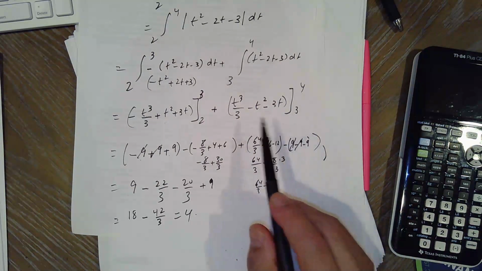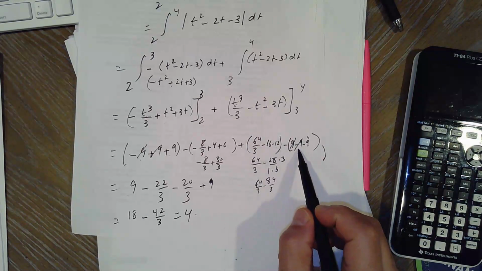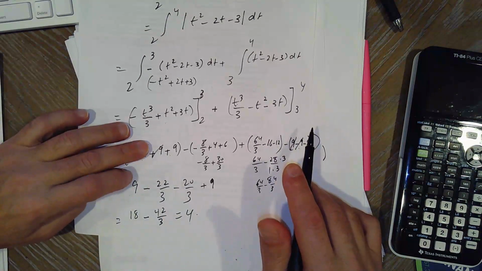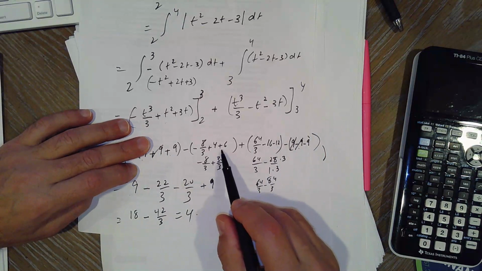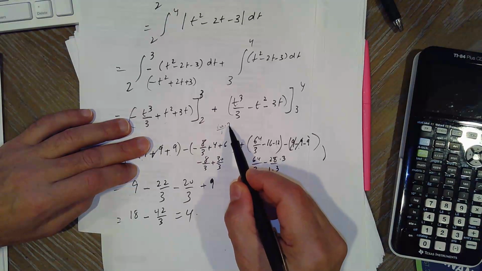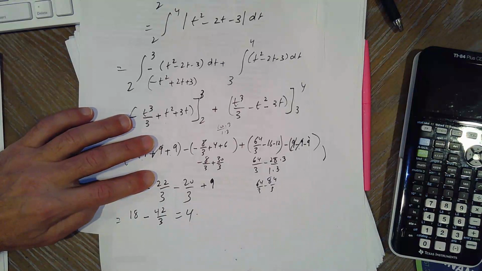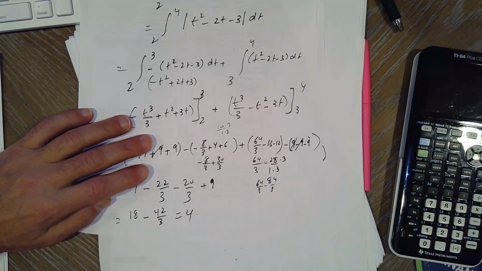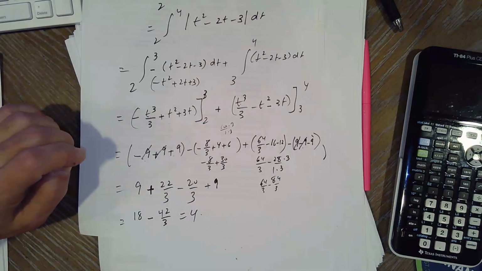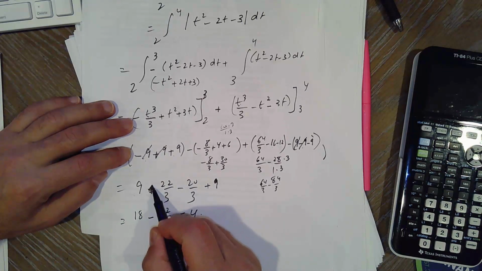And then plug the 3: 27 over 3 is 9, 3 squared is 9 minus 9. So we get 9. Negative 8/3 plus 10, 10 over 1 times 3, so 30 over 3 minus 8 is 22 over 3. And it's plus. That's the problem right there. It's a plus, but then that minus makes it a minus.